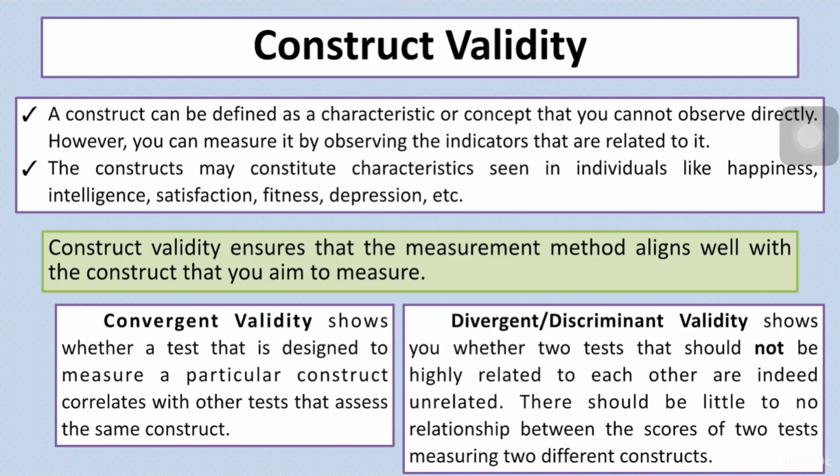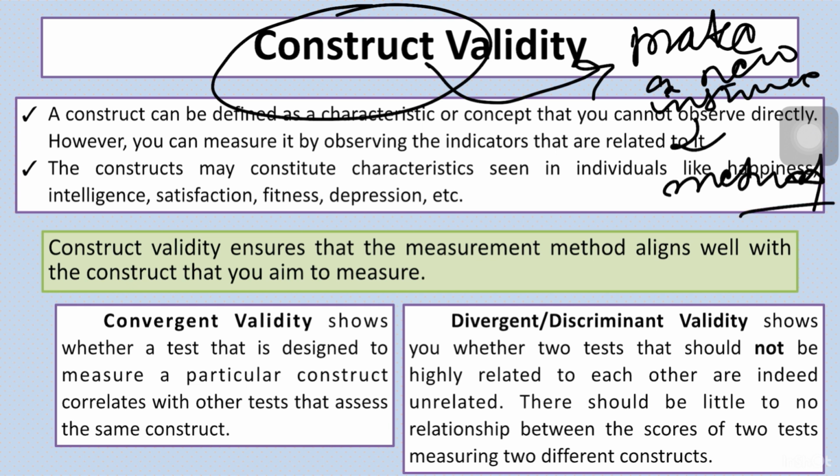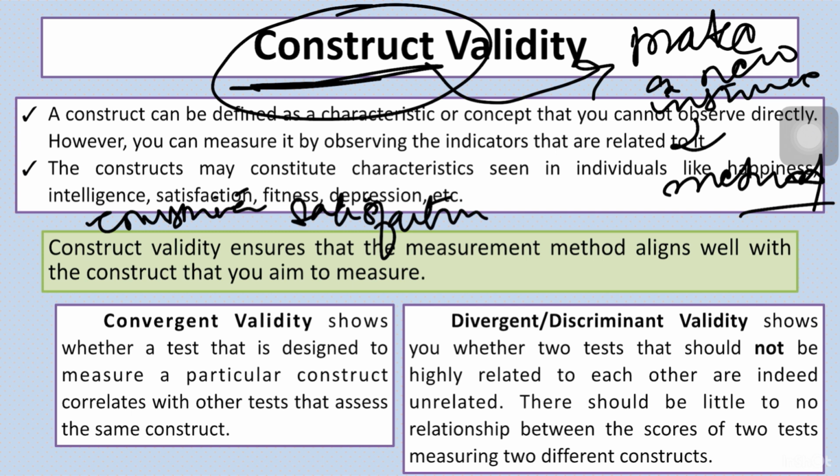Now the next type of complex validity is construct validity. As the name suggests, construct means you make a new instrument or method to measure your data. An example could be, if I want to measure customer satisfaction, how can I measure it and what aspects should be there?